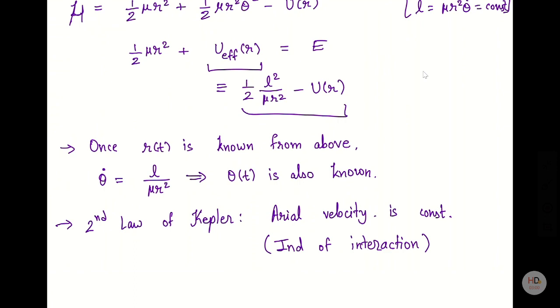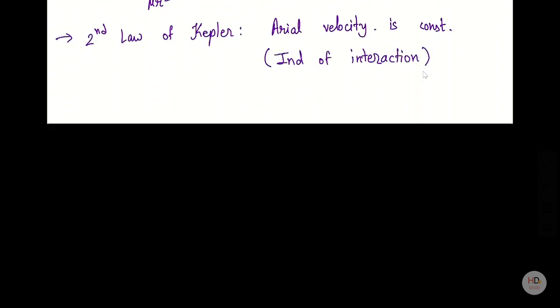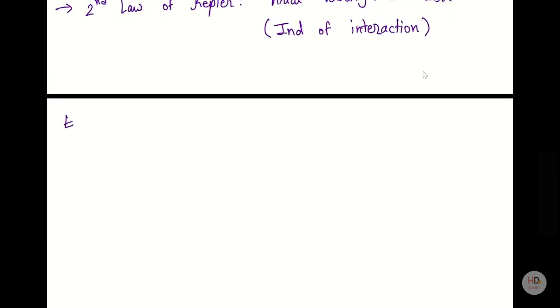Okay, and then we saw some examples for potentials, right? Example, U of r could be half k r square, that is your spring, then minus k by r, this is gravity.